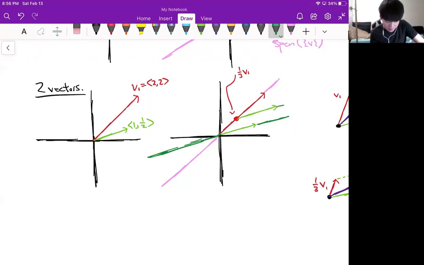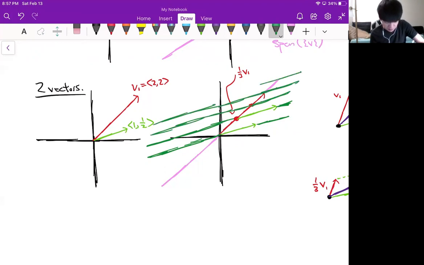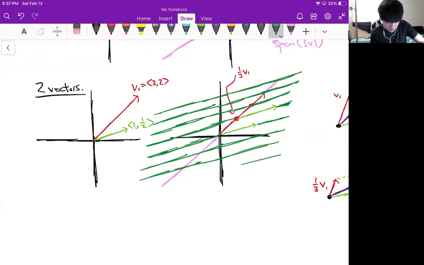That must also be in the span, so let's fill in that whole line. If I start from right here, I fill in that whole line. Literally, I fill in every single line pointing in this direction, starting from any point on this pink line.